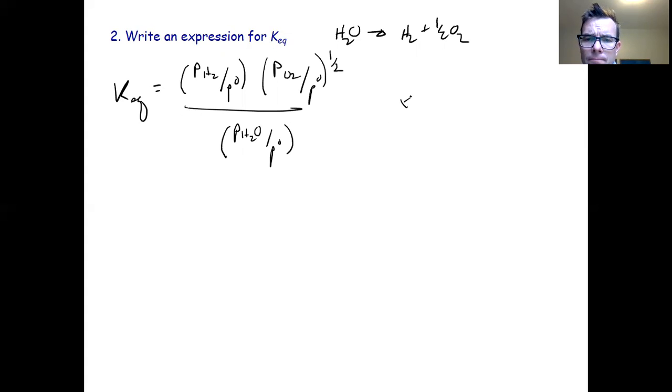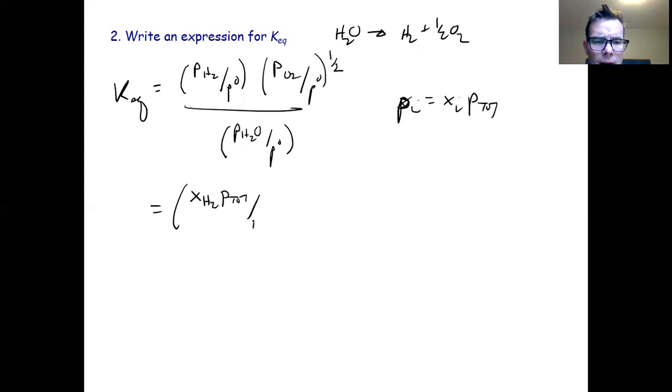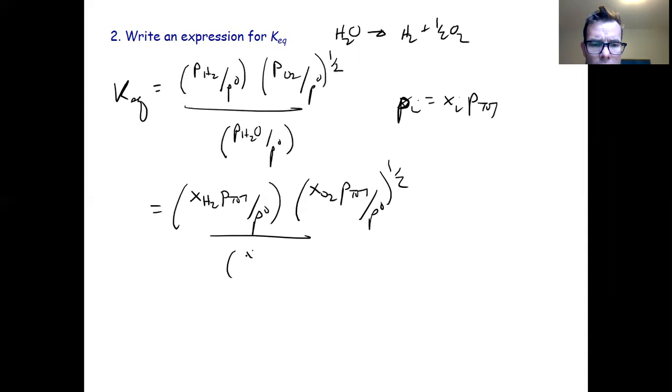I don't have that. What I want to do is express these in terms of the mole fraction. So just like last time, Pi equals Xi P tot. So in terms of the mole fractions, this is XH2 P tot over P standard, XO2 P tot over P standard raised to the 1/2, over XH2O P tot over P standard.